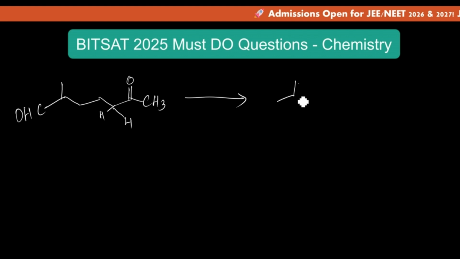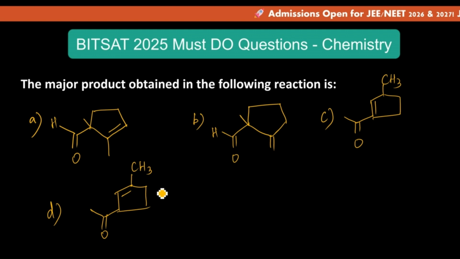So how will that look? Here I have C minus with this, correct? 1, 2, 3, 4, 1, 2, 3, 4, correct? Then check for any ring formation, because in the options it is shown that rings are also possible.